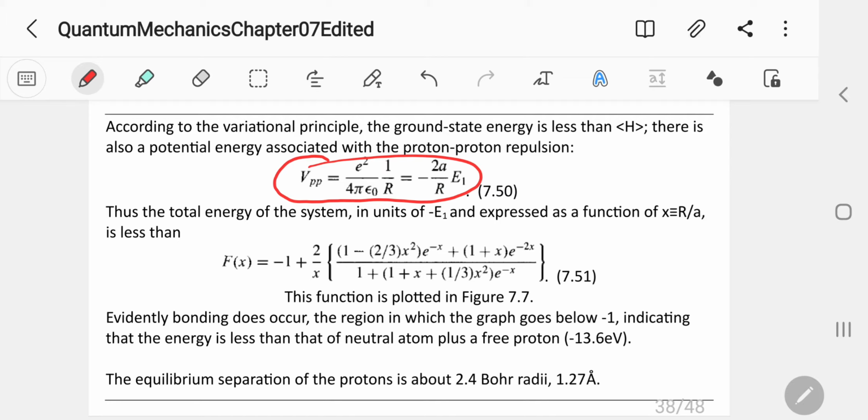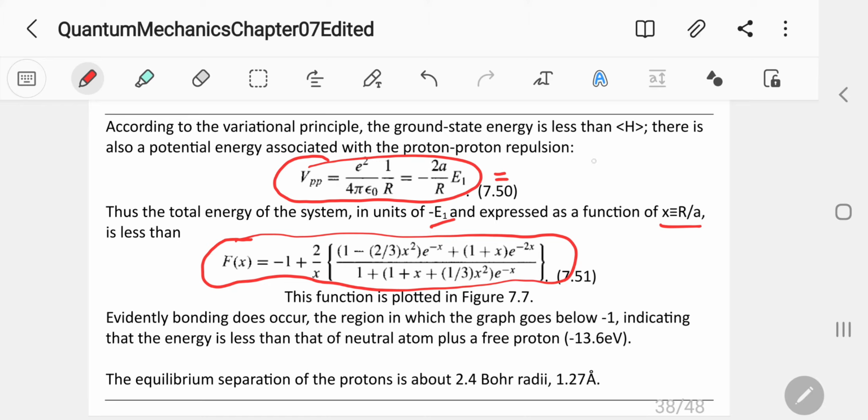So if you express the total energy of the system in units of negative E1, and of course expressing your R over A as X, then you would have this expression. By the way, this would be equal to negative 2 over X times E1.